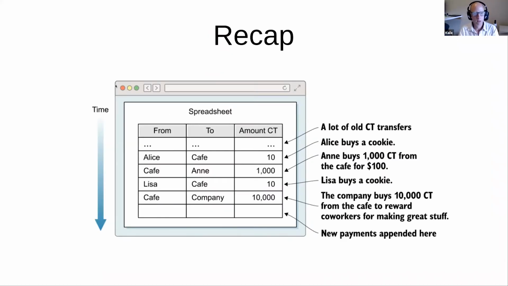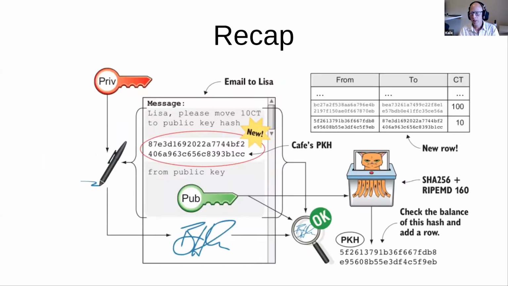So, as the schedule says, it's time to talk about transactions. We'll do a very quick recap. We started out with this very simple spreadsheet with names in it, and we replaced the names with public key hashes. So Lisa and the messages to Lisa were emails where the recipient was a public key hash and the sender was a public key.